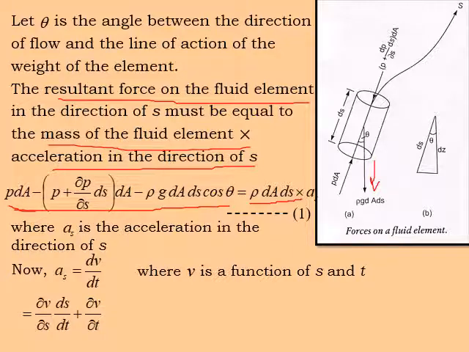So ∂v/∂S, the velocity as a function of space coordinate S, multiplied by dS/dt, plus the change of velocity as a function of t, that is ∂v/∂t.